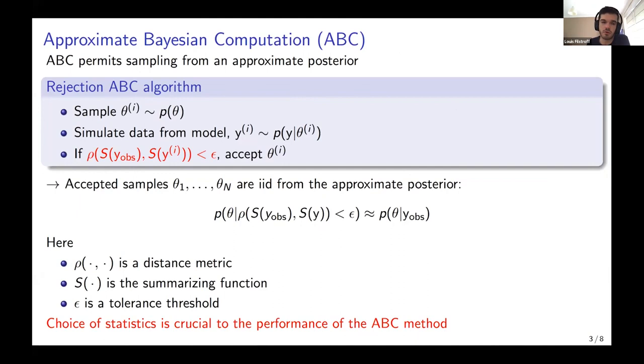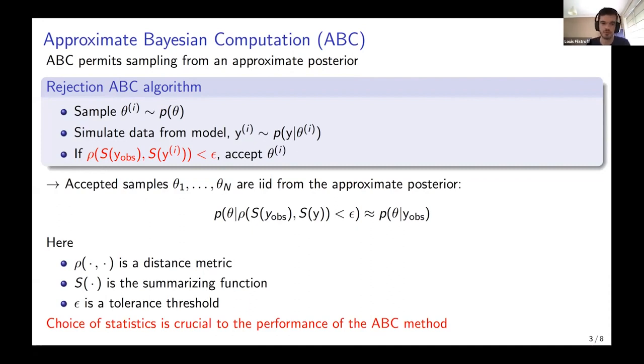It works like this in this little block. First we sample from the prior distribution, and then we simulate a data set from the model given this value of the parameter. Then we need to compare if this artificial data set looks like the true observations that we have.